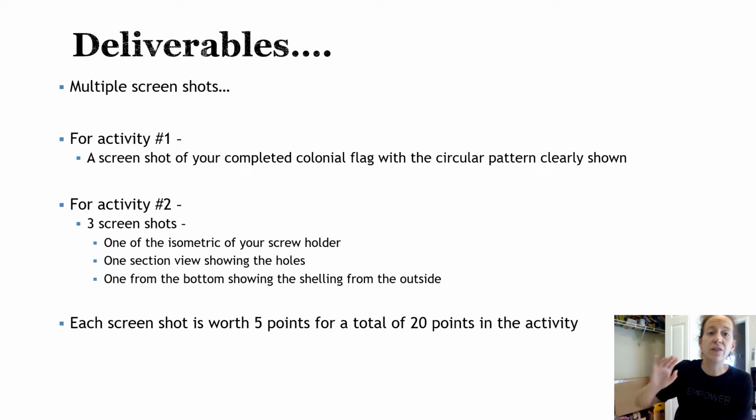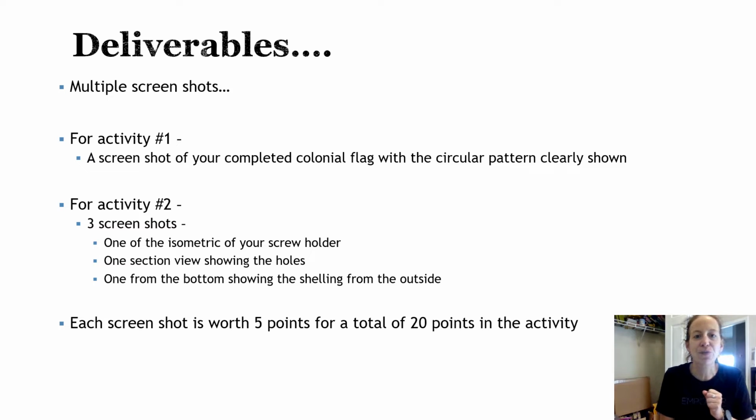So the deliverables for activity 1: I actually stole an idea from one of our luggage tags, and I just thought this would be a great way to practice with patterns. That particular group got to see a pattern at work. I'm not sure they remember how to do it, but the rest of the groups really didn't get to see how the pattern works.